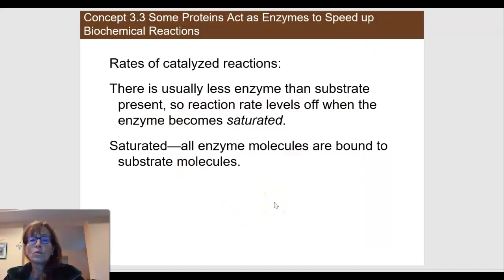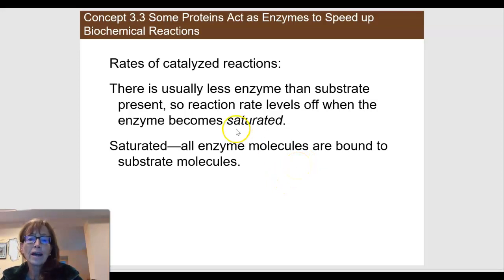An enzyme will, as soon as it contacts the substrate, start picking up the substrate and reacting. But ultimately, there's a point where the enzymes that are available at that moment in time are all occupied. They're all bound as they are doing their jobs.